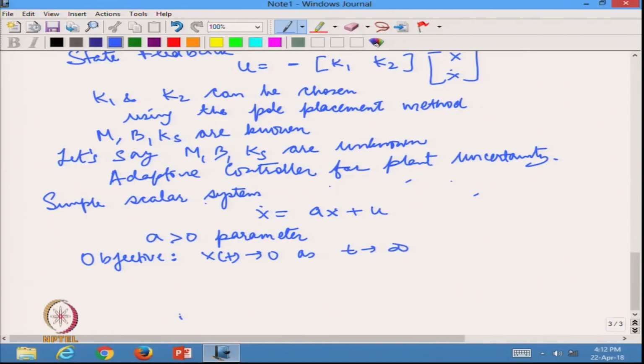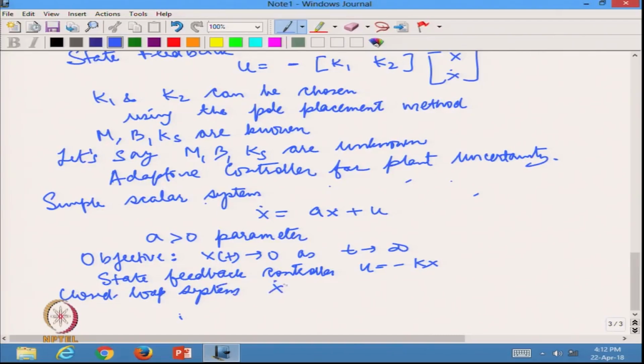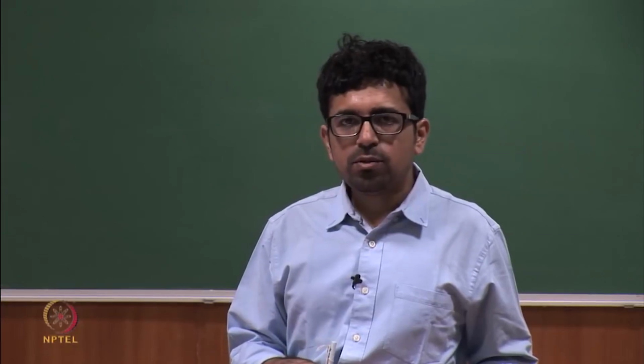Okay, so to meet this objective, let us design a state feedback controller u equals minus kx. So, the closed loop system in this case becomes x dot equals a minus k times x. Okay. So, we need to make sure that x tends to 0 as t tends to infinity.